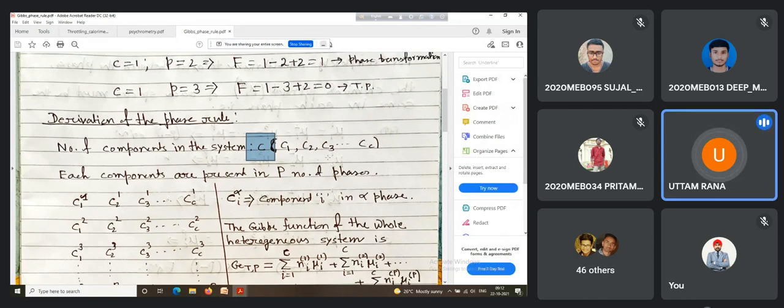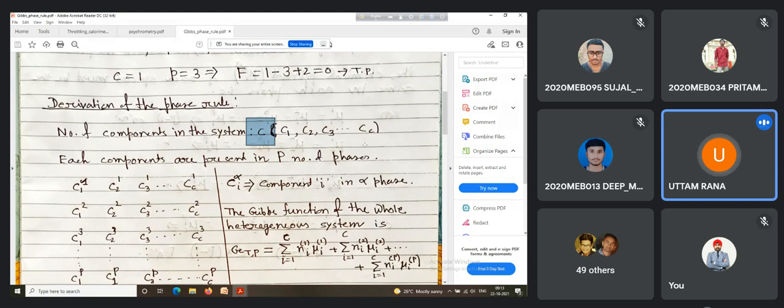And each component is present in P number of phases. So it may appear that we should not go for so many generalized situations. But if you go for metallurgy and the study of phase change processes, this kind of relationship or generalization is very important. So for each component, let us say there are P number of phases. That means it may be in phase 1, phase 2, phase 3, phase alpha, phase beta, like that.